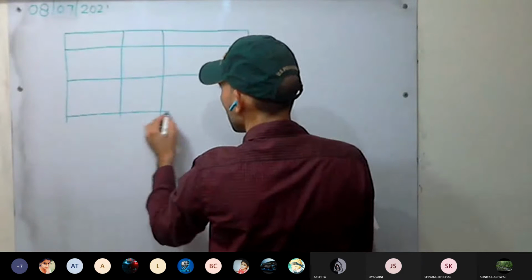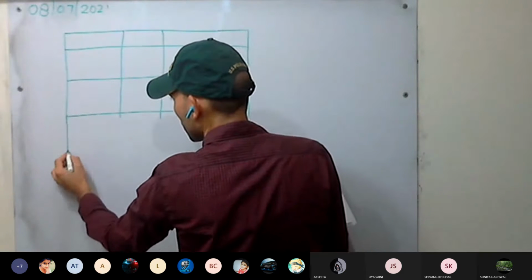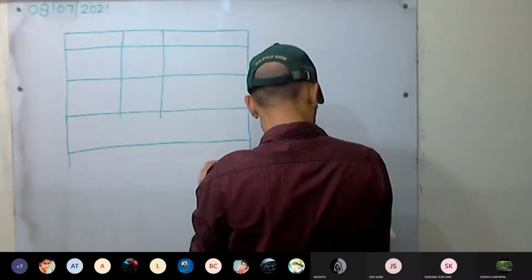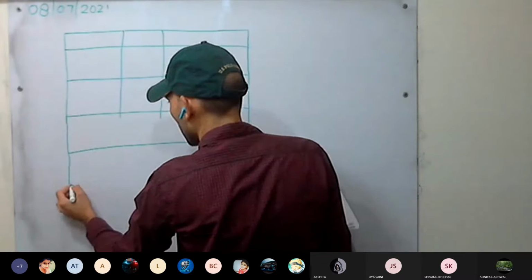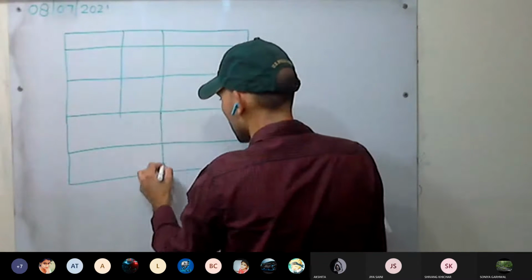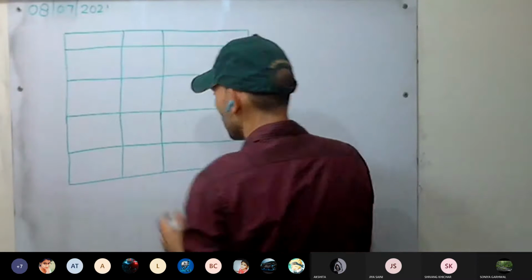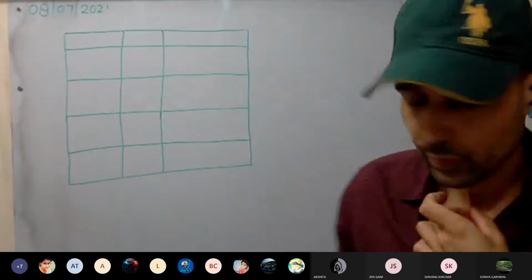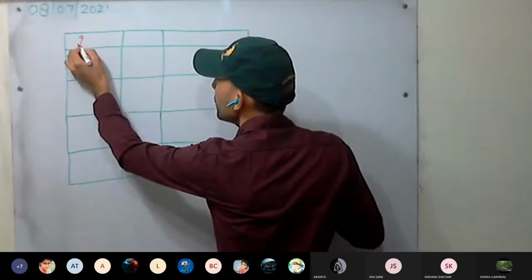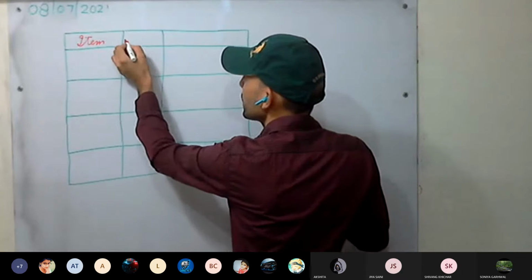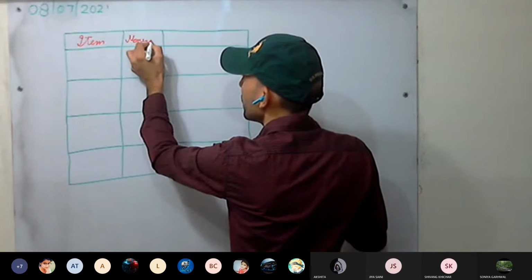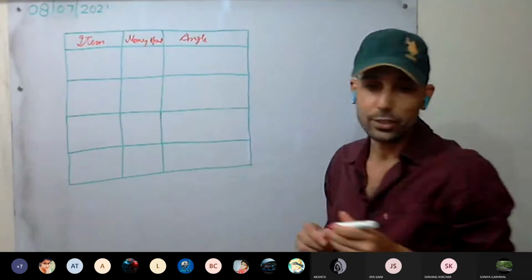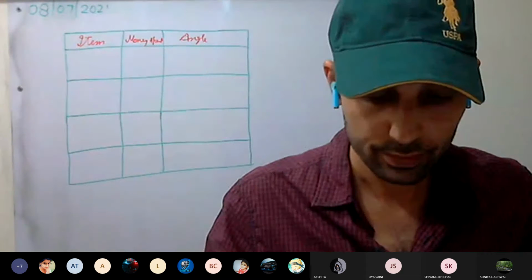First one is the item, money spent, and this is the angle. Angle on pie chart. What is the angle of the sector?